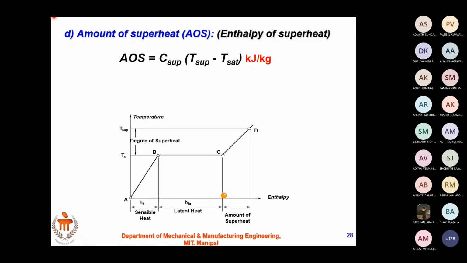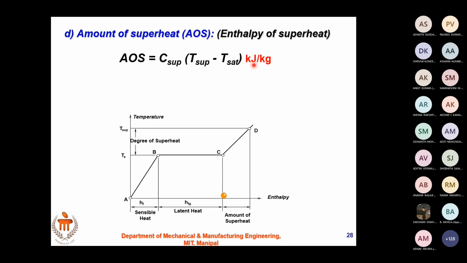It is the heat required to raise the temperature of 1 kg of dry saturated steam to a higher superheated temperature at a given constant pressure. That is your amount of superheat. The heat added is m Cp delta T. m is not used here because m is equal to 1 kg.